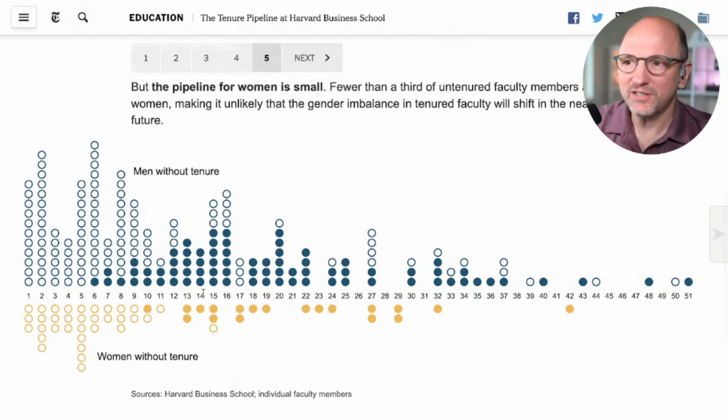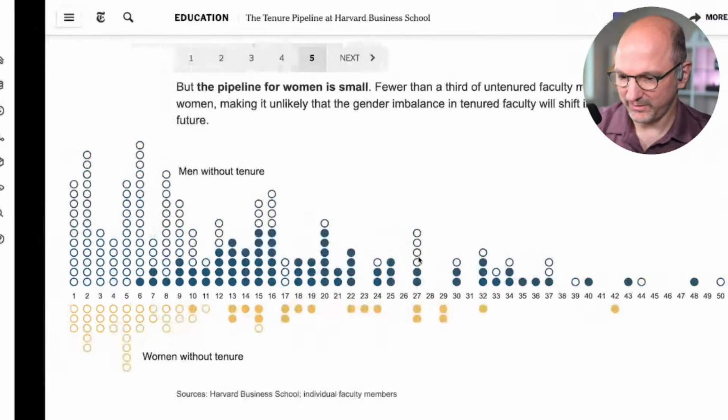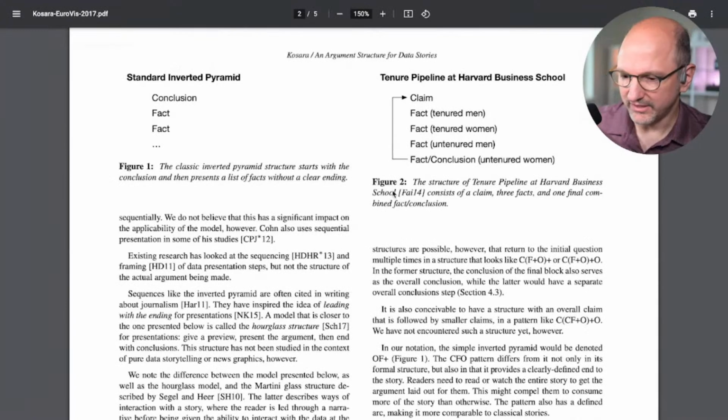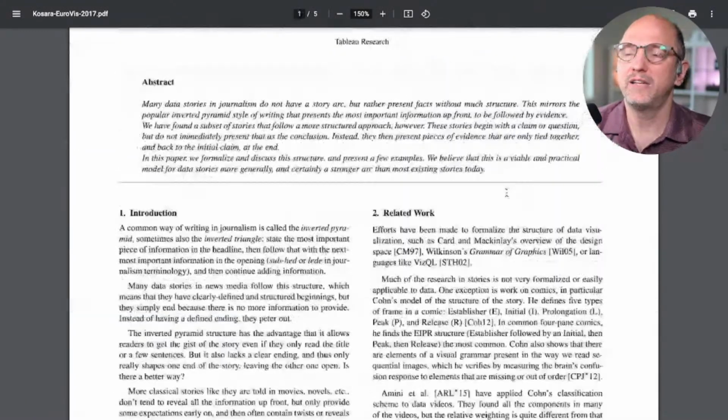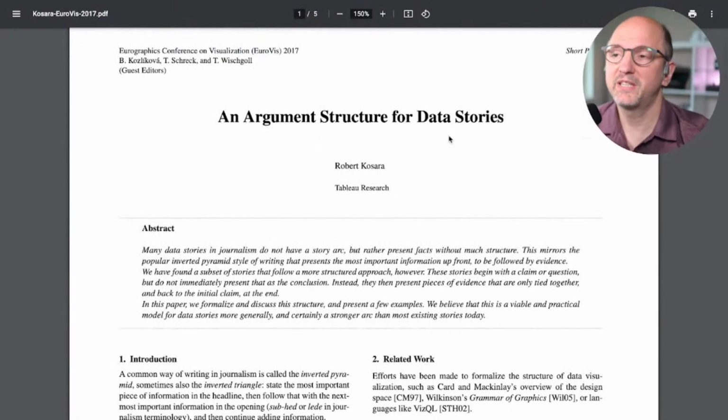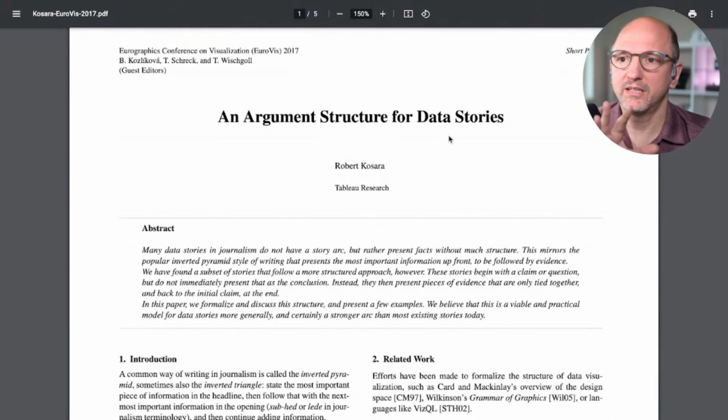And so the structure here, let's see if I have this paper open or not. Yeah, so the structure, I had this short paper a number of years ago called an argument structure for data stories, because I was looking at a number of papers by a guy called Neil Cohn who does work on comics.